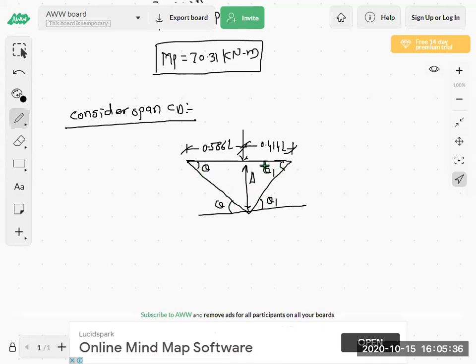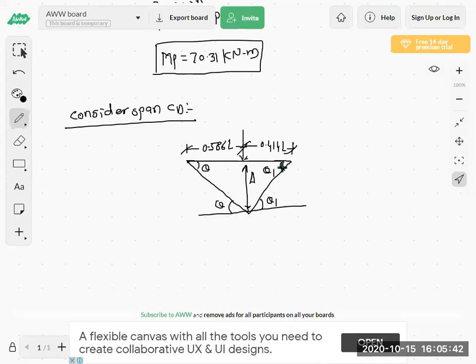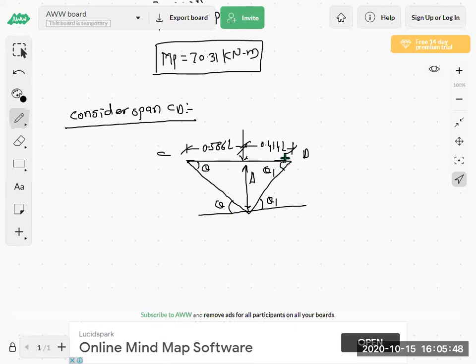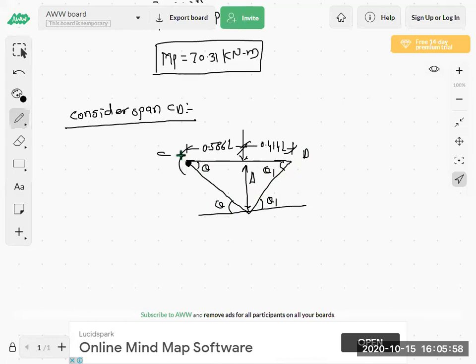Okay, now here which type of support is there? At C, this is CD. At D, simple support is there. It means here moment will not be generated. But at C, it will be continuous support. So here moment will be generated, MP.